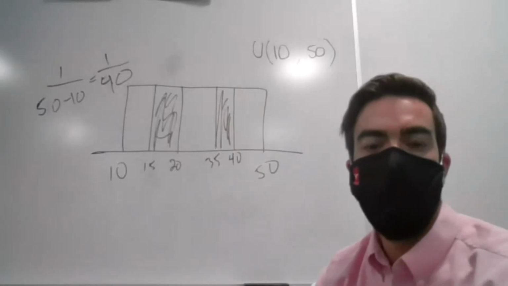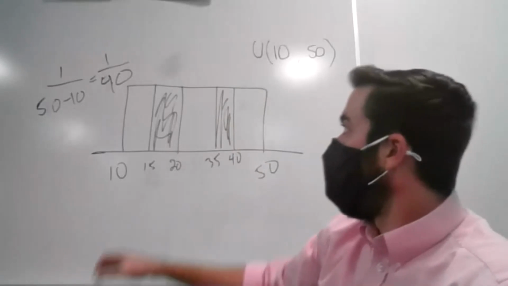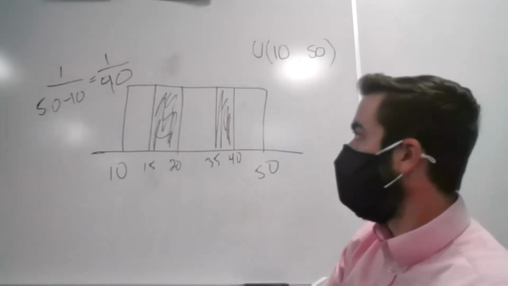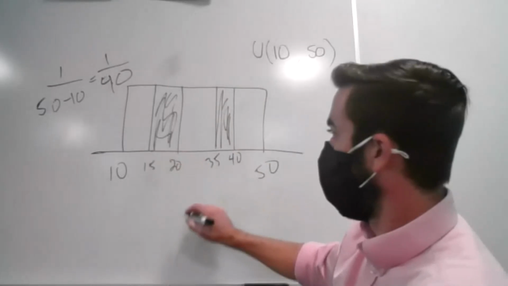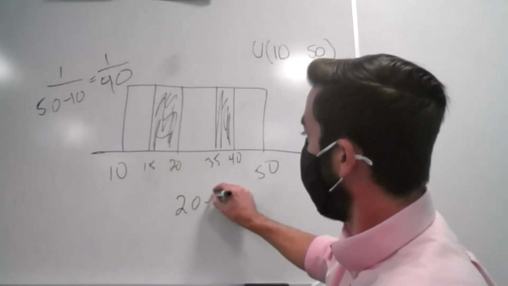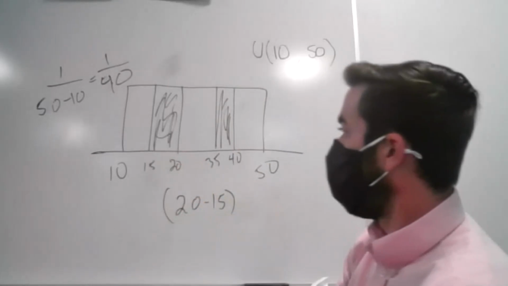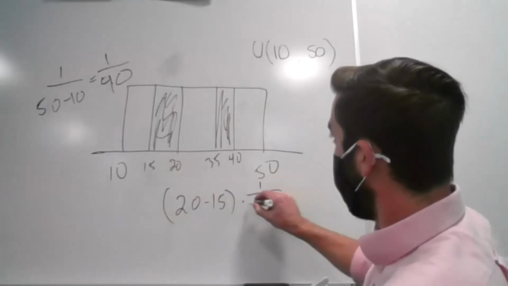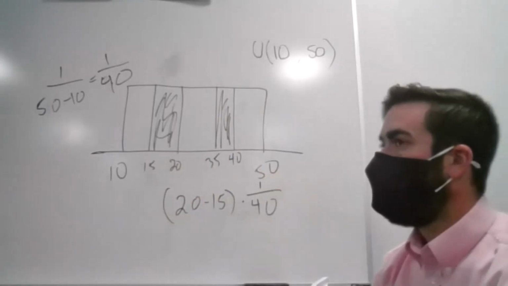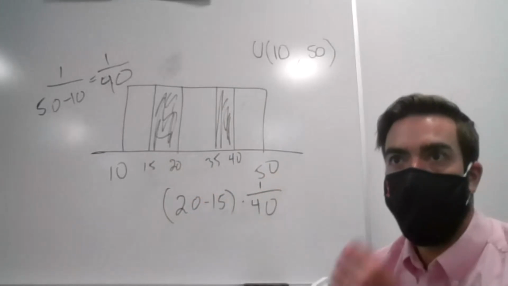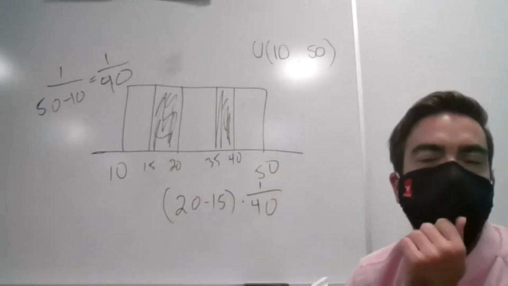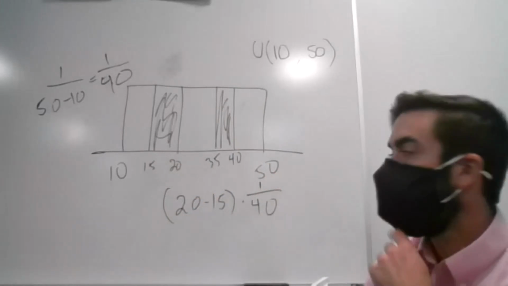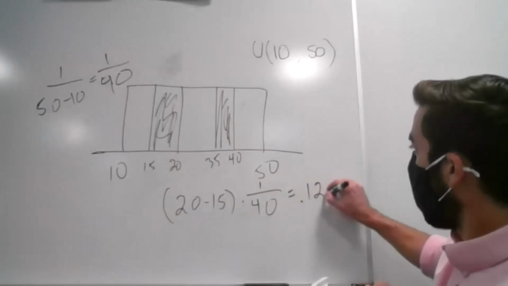So if I go to find this area, what's the length of my rectangle there? 20 minus 15, multiplied by the height, which was 1 over 40. So 5 over 40, or 1/8, which is 0.125. Am I doing the math in my head correctly?